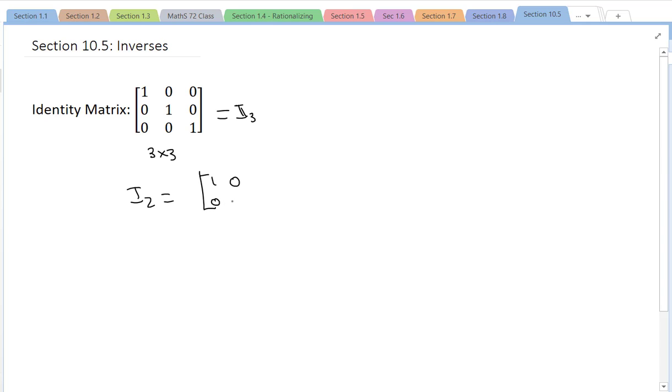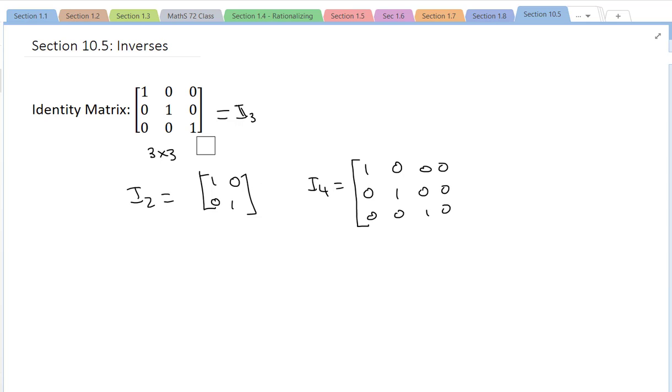It will be 1, 0, 0, 1. And so on. I sub 4 will be a 4 by 4 matrix with ones along the main diagonal. And so an n by n identity matrix will have n rows and n columns and ones all along the main diagonal.